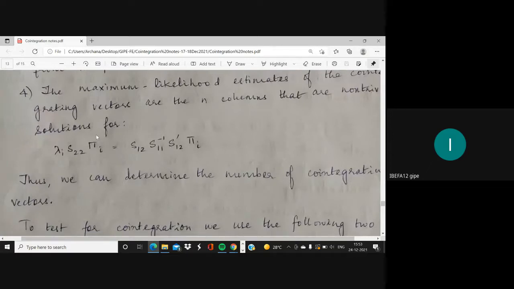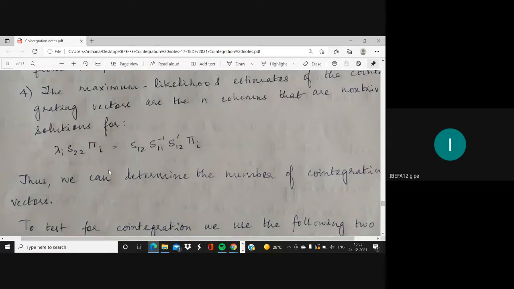So once you are able to solve for lambda i, then you can create this also, pi i, this matrix that you have from your original VAR model. Then the maximum likelihood estimates of the co-integrating vectors are the n columns that are non-trivial solutions for this. So here you'll be able to get n columns from this step.